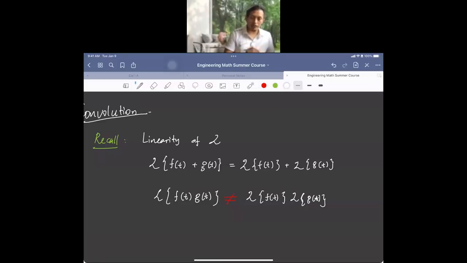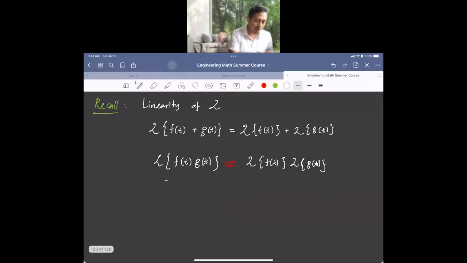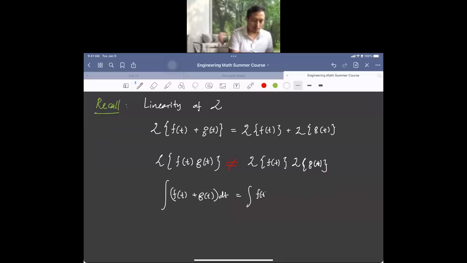So for this Laplace linearity to make sense, remember that every time you take Laplace transforms, you're actually integrating. So remember the property of integral. If you have the integral of f of t plus g of t dt, you can separate this integral easily, nicely, right? And that's what we do with the Laplace.